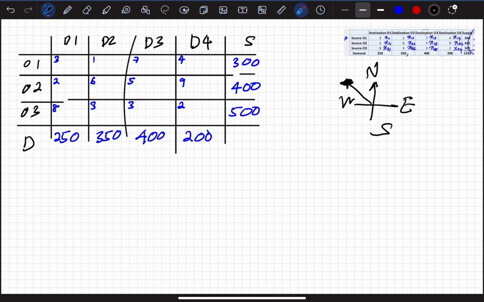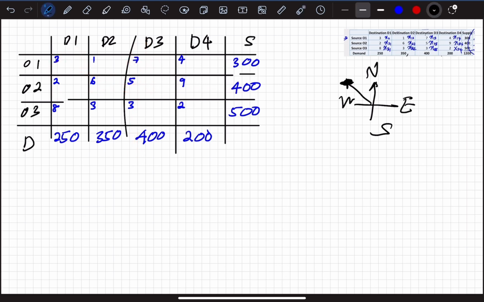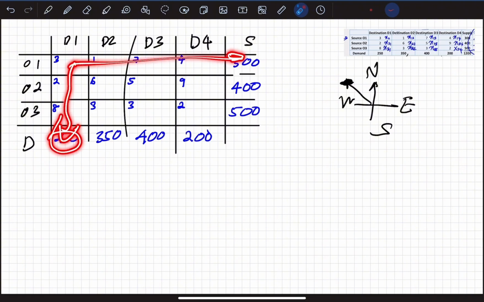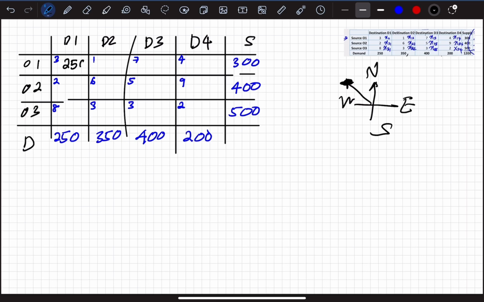So basically it just represents the corner here. Okay, so you need to fill up there. How? By looking at the demand and also the supply. You need to find which is the minimum. Between 250 and 300, 250 is the minimum. So we fill up the empty cell here with 250.